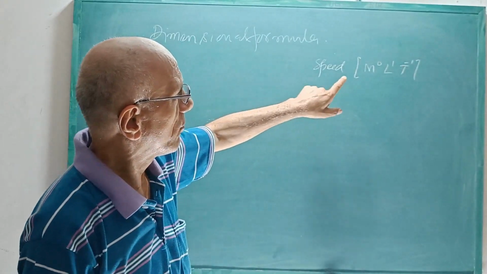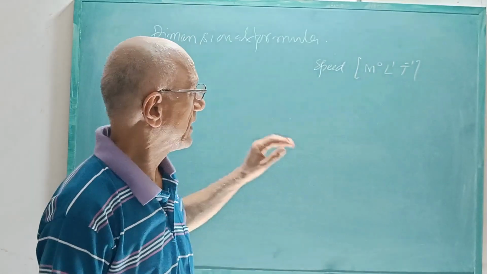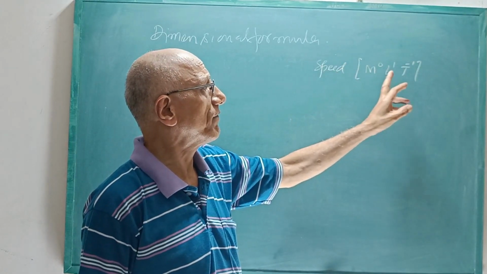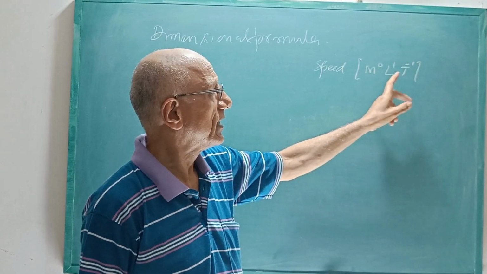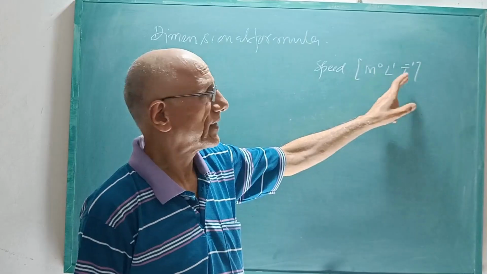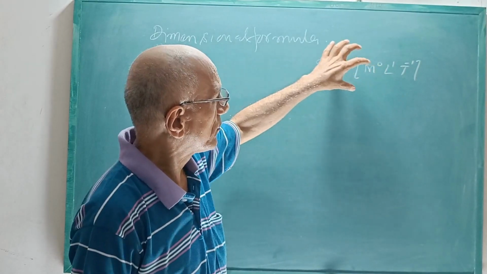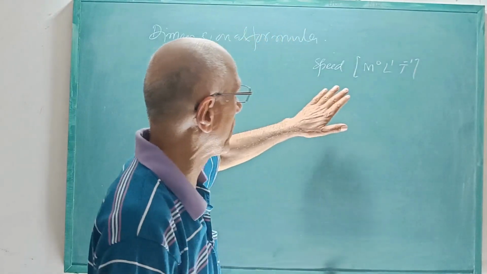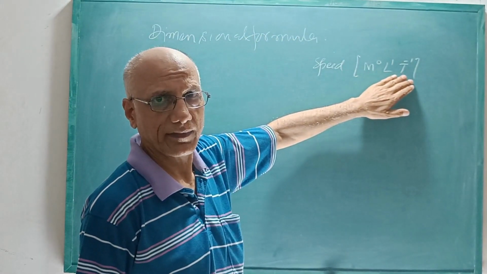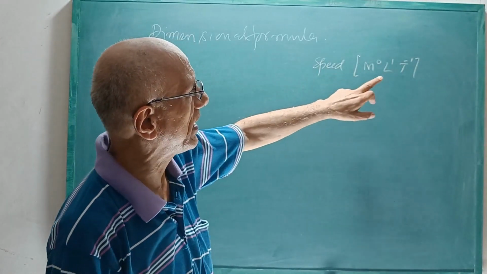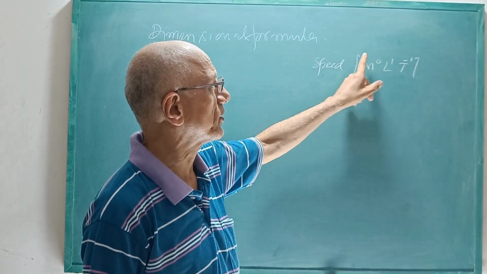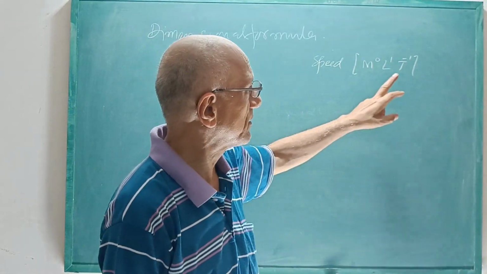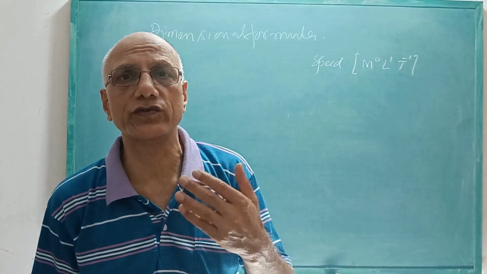So here, what information is it giving you? That the speed consists of length only and time only. That means to express speed in dimensional formula, we need length and time. And how many times is the length being used? Because mass is not being used, M0, the length is being used once, and similarly the time is being used once.